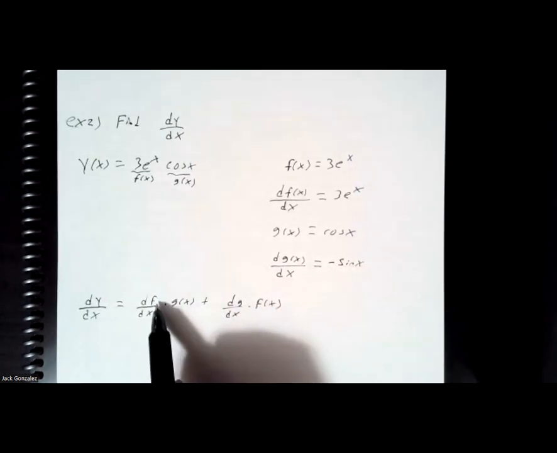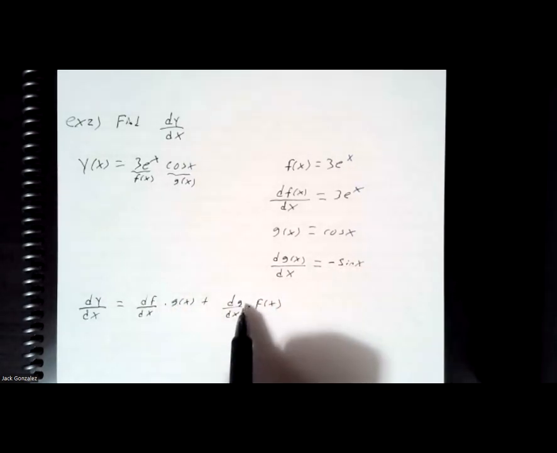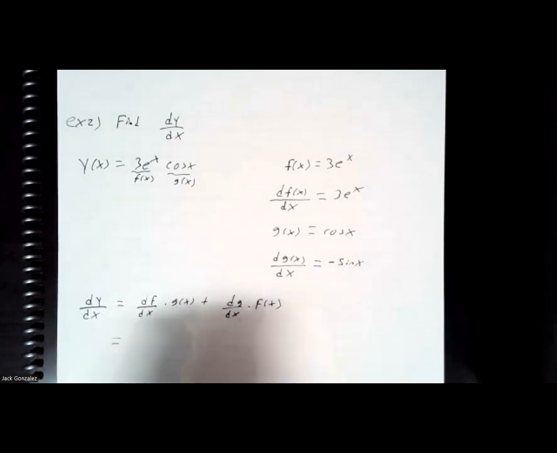I didn't put the f of x here and g of x there, but it's fine. It's not wrong. I'm calling it the f function and g function instead of f of x. That's actually more proper, but this book or early calculus doesn't write it that way.